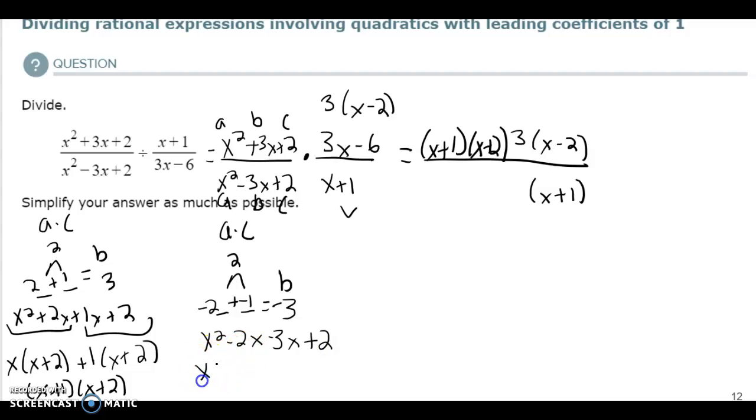I can pull out an x from this, I get x minus 2. I made a mistake with copying that. That should not be a 3. That should be a -1. I can pull out a -1 and get an x minus 2. That way these two terms match. So I get x minus 1, x minus 2.